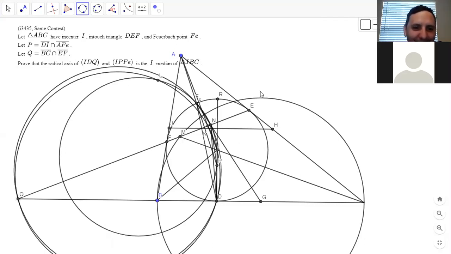And then we would have that angle QDN, D FE, is equal to QNFE, and that is equal to GNE.